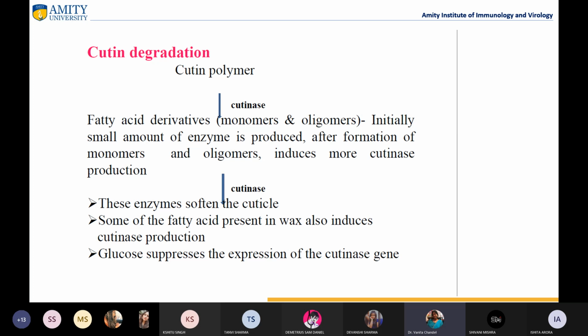With the enzyme cutinase, the fatty acid derivative, initially a small amount of enzyme is produced, and after formation of monomers and oligomers, it induces more cutinase production, right? Then these enzymes soften the cuticle. They make it soft. Some of the fatty acids which are present in wax also induce cutinase production. Then glucose suppresses the expression of the cutinase gene. So this is how cutin is being degraded.